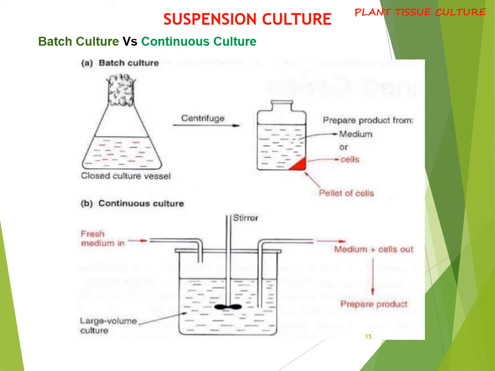In case of a continuous culture, you can notice an inlet and an outlet on the left and right side of the culture vessel respectively. Fresh media is put through the inlet and the used up media and the aggregated cells are pulled out from the outlet of the suspension culture.